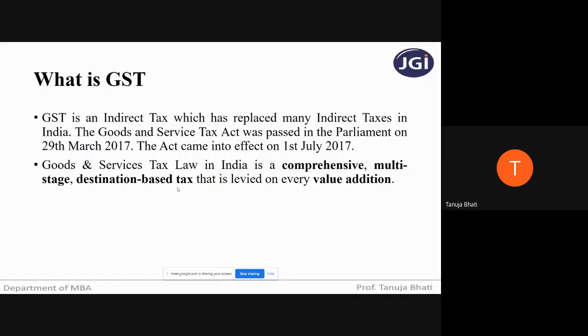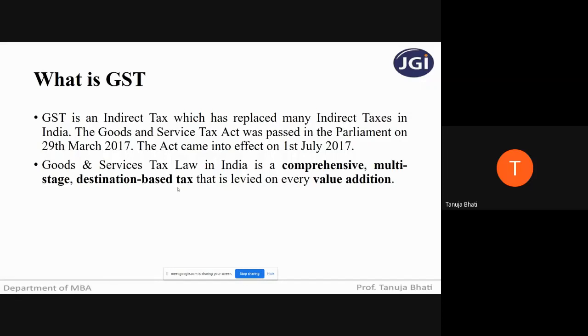Now, which state government is going to get the tax amount? It is the Maharashtra state government who's going to get the tax amount, because the goods are destined to Maharashtra. I'm selling the goods to Maharashtra. The consumer is in Maharashtra. The purchaser in Maharashtra is going to consume the goods in Maharashtra. He is the buyer there.